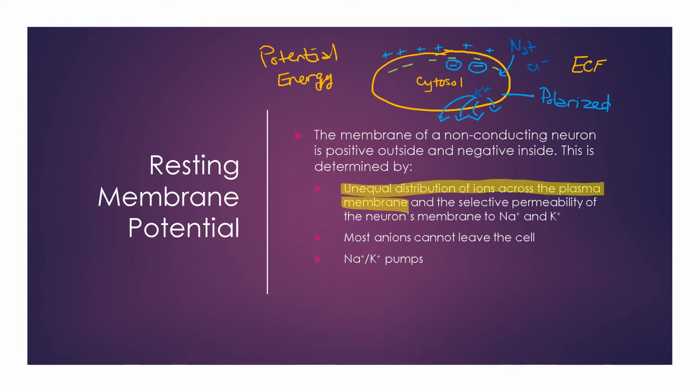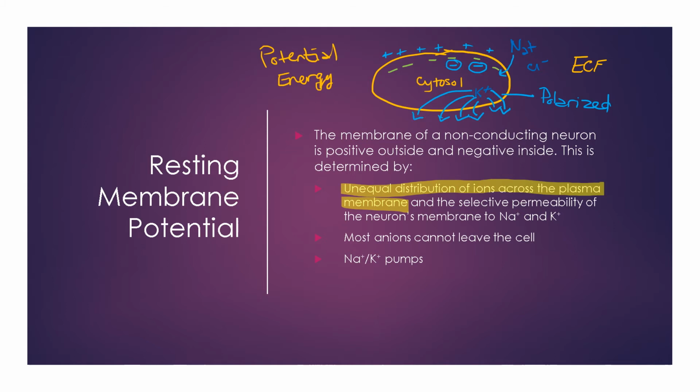What this does is cause a lot more positive ions to leave the cell than the positive ions that are entering the cell. And this helps the inside of the membrane become increasingly more negative, because we have all these positive ions that are continuously leaving.